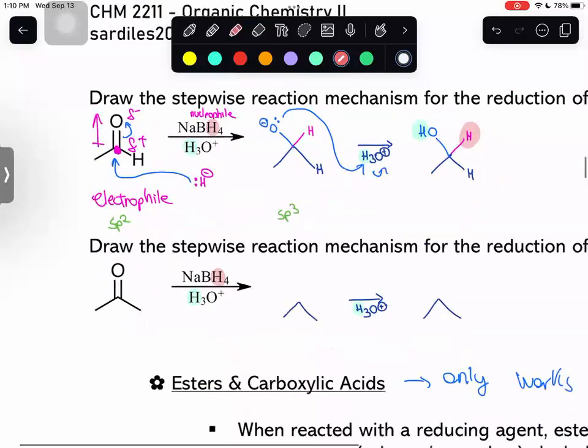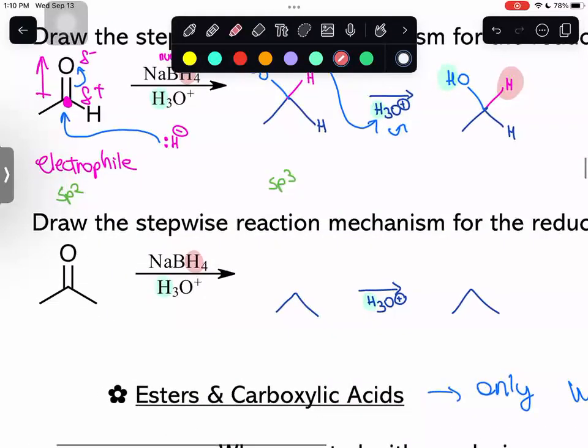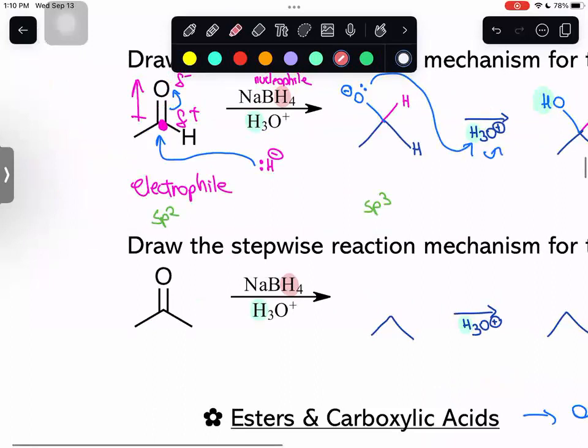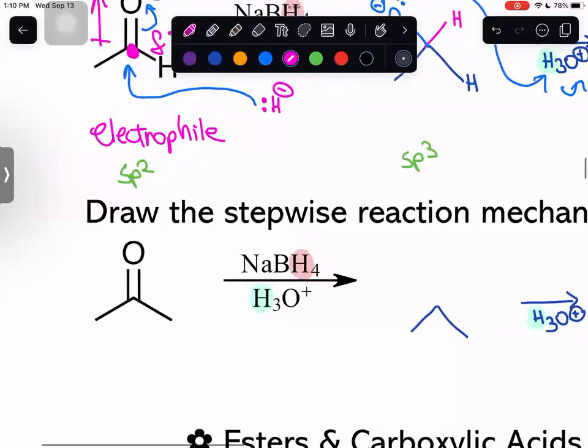Do we think there's going to be something different for the reduction of ketones? Yeah, exactly. It's pretty much the same thing, same mechanism. So can someone just walk me through the mechanism really quickly, step by step? All right, so you're going to break that pi bond. How? The H is going to attack the partial positive. Mhm.